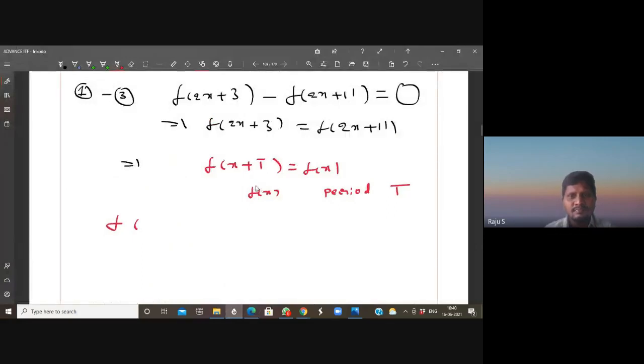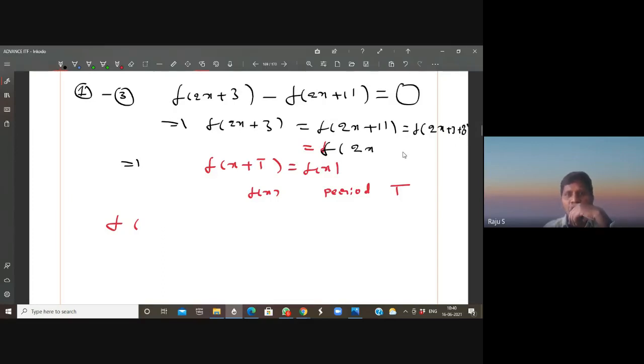Carefully you can observe. So what shall we write here? 2x plus 3 is on the right side also. We require f of 2. Okay, anyhow, you are saying that here f of 2x plus 3 plus 8.